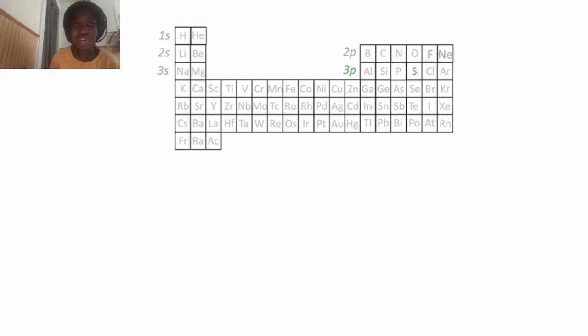All right, so we have a general periodic table, and today we're going to be working with sulfur. So let's look right here. Now, sulfur, if you work through a periodic table, has an atomic number of 16. This means that it has 16 electrons.